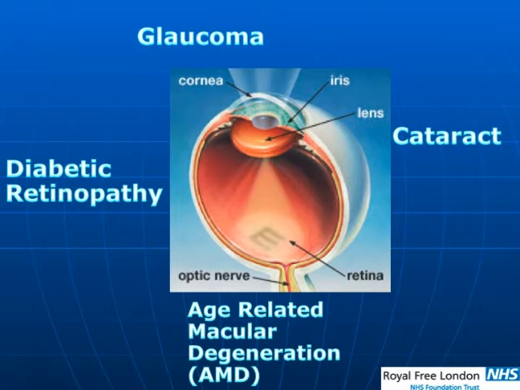The third part will be about age-related macular degeneration, which is a very important subject. Where this faint E letter is, that is the area of your macula. That's the area you read with.